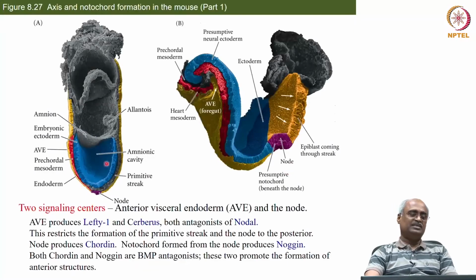Yeah. So, this is the cup shaped embryo. So, this is the node, and on the posterior side the primitive streak is here, and this is the anterior part. Okay. So, the endoderm is outside. So, this AVE, anterior visceral endoderm, actually formed from the hypoblast initially, and that is at this anterior most end.